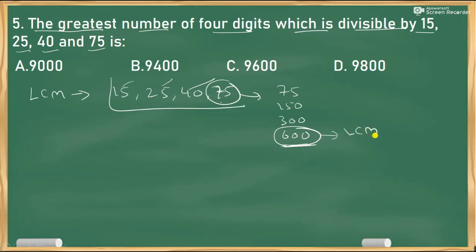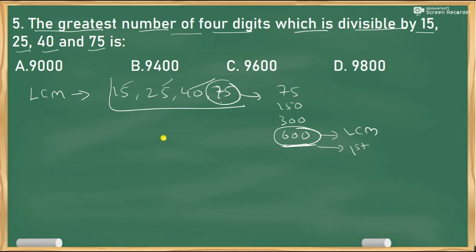Okay, but that's not the question they are asking. They are asking you to find the greatest number of 4 digits which is divisible by all of these. Now 600 is the first number which is divisible by all these 4 numbers, but I should find the highest number. Clear?